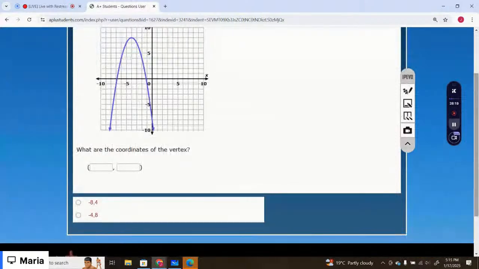What are the coordinates of the vertex? Which is the correct option? That is option number 2, negative 4 and 8. Option number 2 is the correct option.